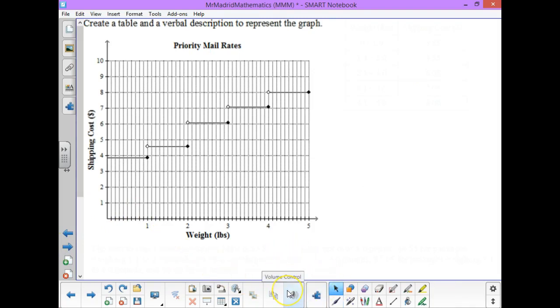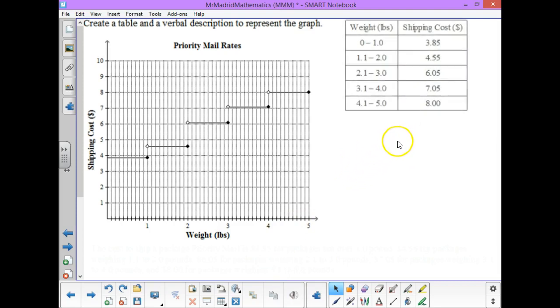This one says, create a table and verbal description to represent the graph. So I don't labor this too much, I pre-populated the table. Let's see what's going on here. We're comparing weights and shipping costs. Here's the input, here's the output. So for example, this one, what is it saying?